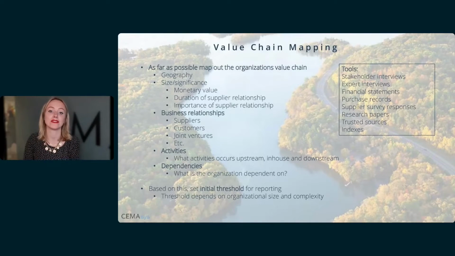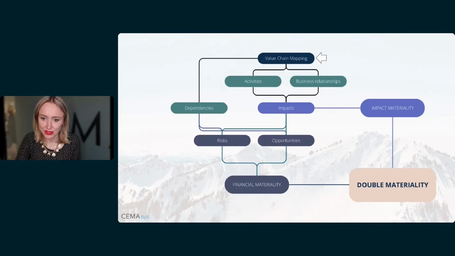Again, what is the organization dependent on for their business to run? And the reason for this is that we need dependencies, activities, and business relationships from the value chain screening to be able to continue our process. So it's very important that we methodically work with this. So we do first the value chain screening, identify dependencies, activities, and business relationships, and then we can move on to other things.